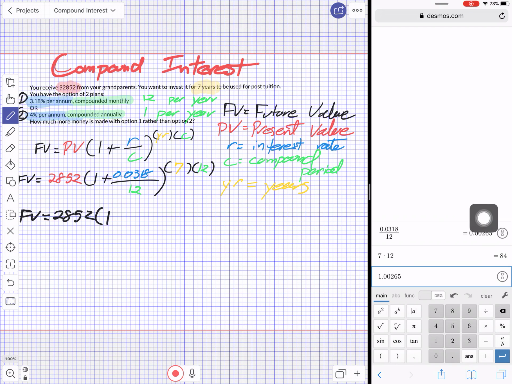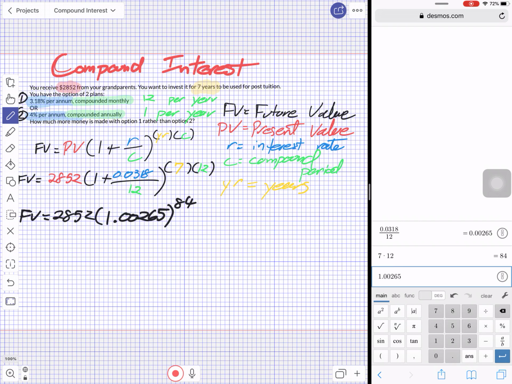I've already done it. You'll see in the calculator down there. It becomes 0.00265. And when we add 1 to it, it becomes 1.00265. And you can just follow along with your calculator to get that. We also did 7 times 12, which is 84. So to the power of 84.